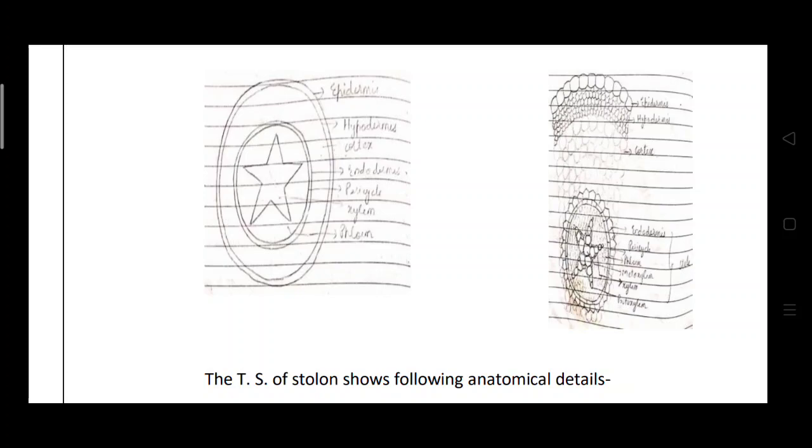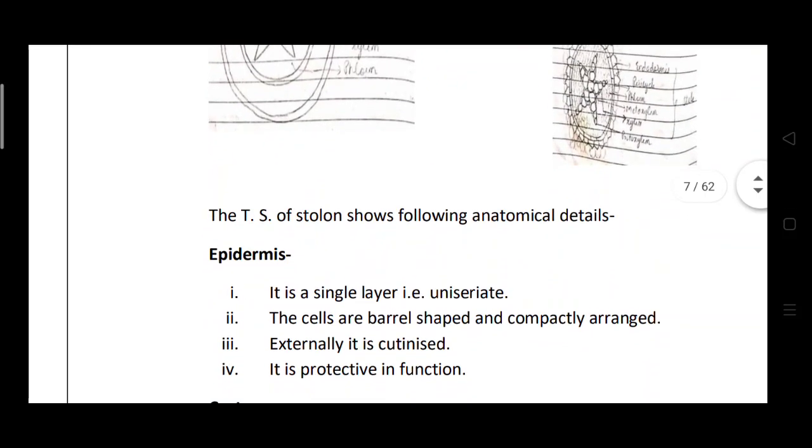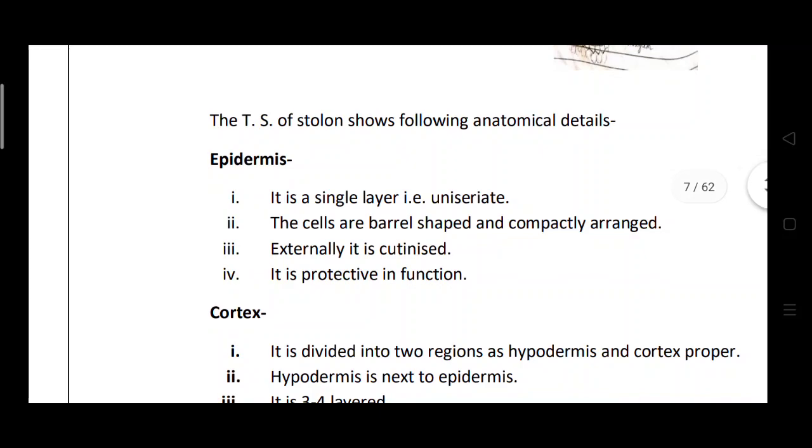Next to the cortex, there is the endodermis, the ring of the pericycle, then phloem and xylem region. These xylem and phloem are the vascular bundles which are collectively called the stele. So the transverse section of the stolon shows the epidermis, then cortex and stele region.